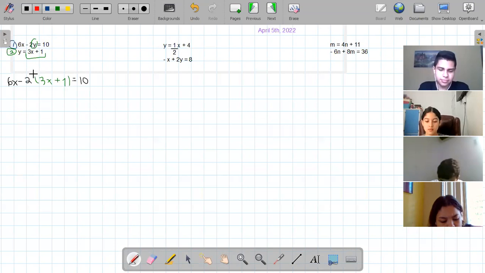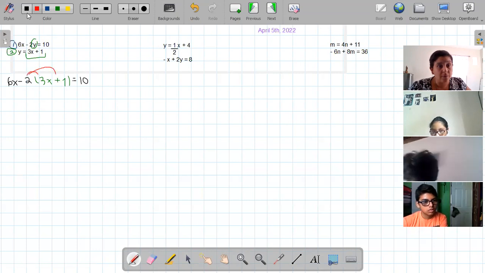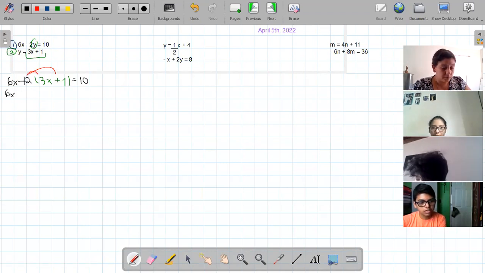We solve this. We now have only one variable in our equation. We solve this using the distributive property. So we have 6x left. How much is negative 2 times 3x? Negative 6x.